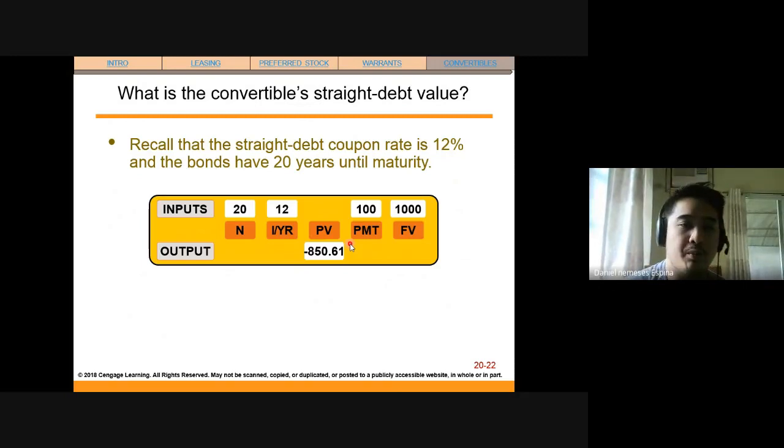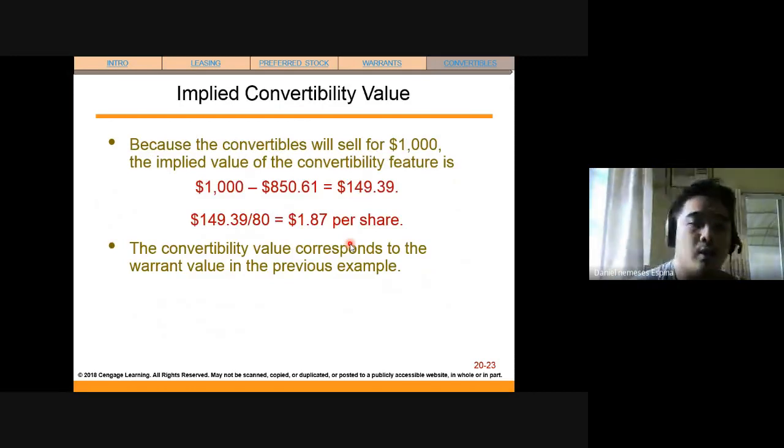Because the convertibles will sell for 1,000, and the value of the bonds without the conversion feature is 850.61, what is allocated to the convertibility value is 149.39.